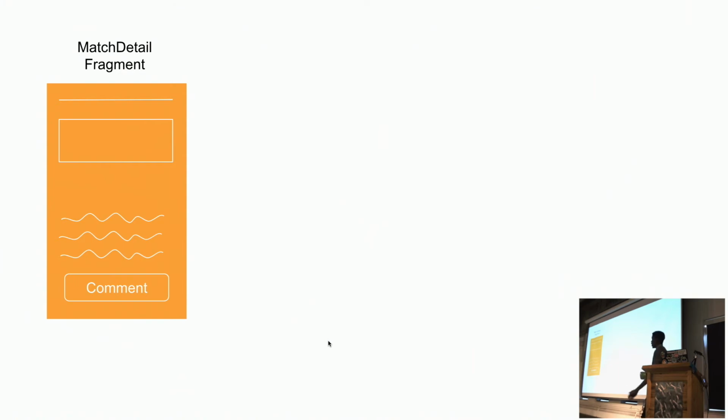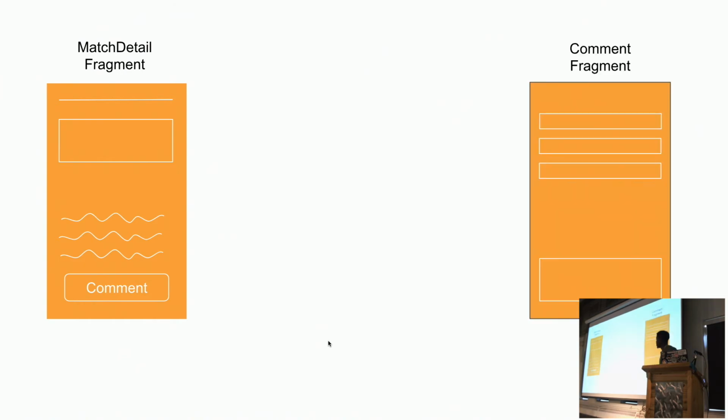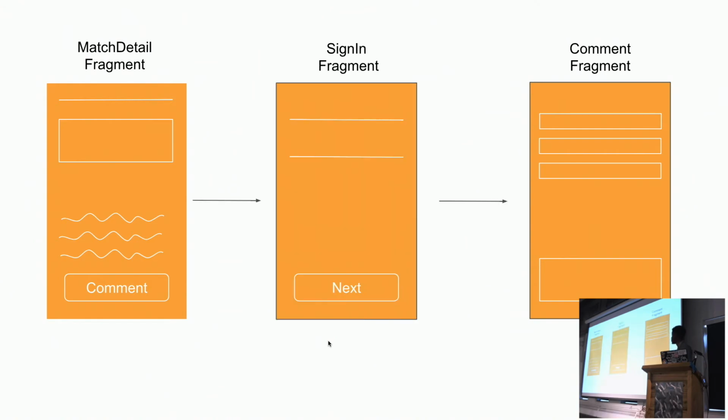You know, I was frustrated with certain penalty calls, so I'd be like, hey, I want that ref fired or whatever. So you press the comment button, and you want to launch the comment fragment, which allows me to actually write the comments that I want. But hey, I'm not signed in, so we might actually want to put a sign-in fragment in between those two.